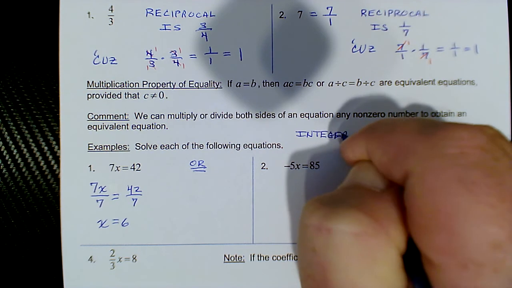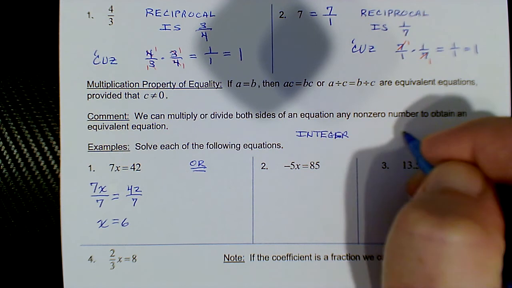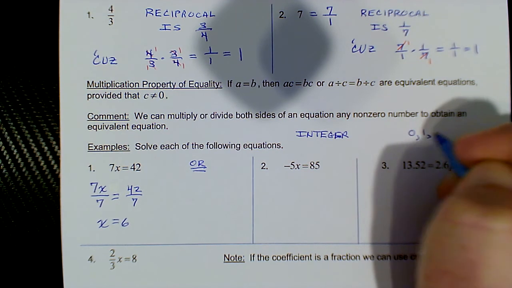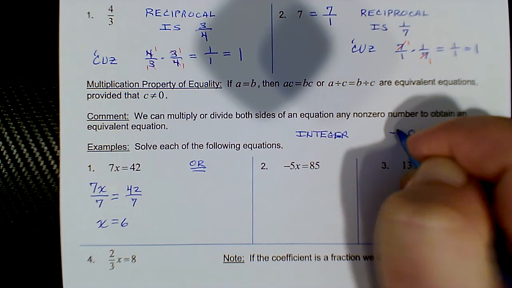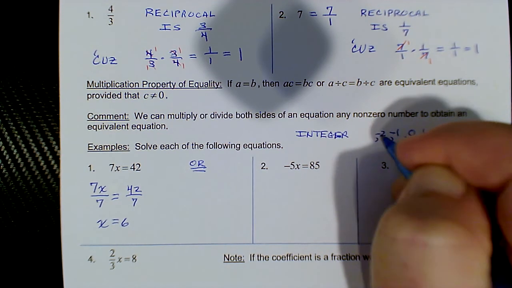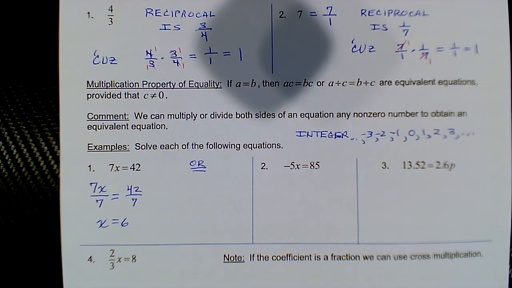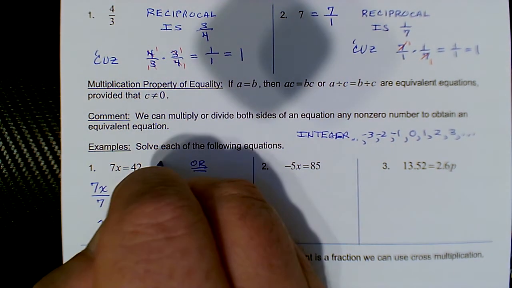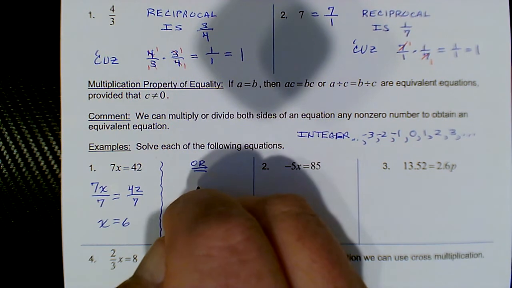An integer is just a fancy term to mean the numbers 0, 1, 2, 3, and so on, and their opposites, -1, -2, -3, and so on in that direction. So if the coefficient is an integer, we would consider division, because the other approach, I'll just put a little squiggly line here, would be to use the reciprocal.